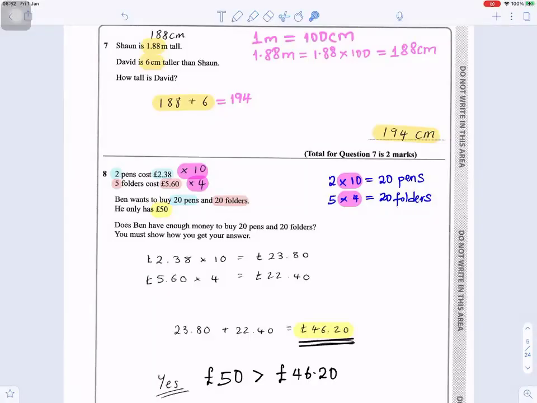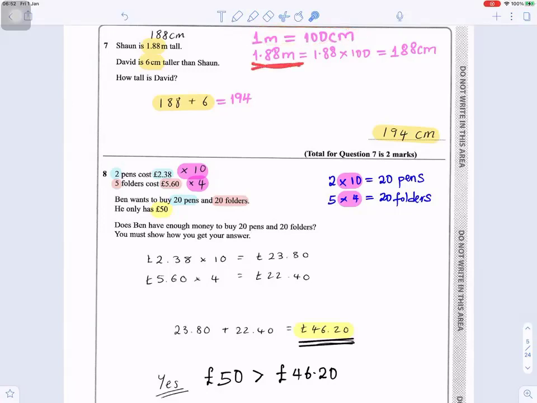Question number 7. Sean is 1.88 meters tall. David is 6 centimeters taller than Sean. How tall is David? So you add 1.88 meters plus 6 centimeters. But we need to change the 1.88 meters to centimeters. We know 1 meter is equal to 100 centimeters.